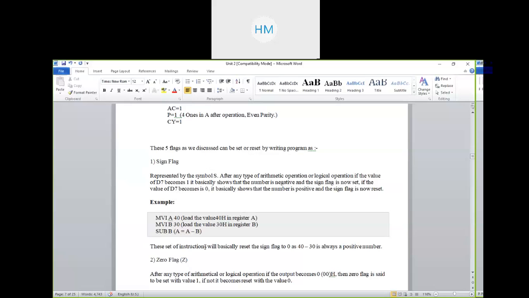This set of instructions will reset the sign flag to 0, as 40 minus 30 is always a positive number. This is not a fixed program. You can write your own program. I'm just showing you an example of how you can set or reset your flag. Okay.